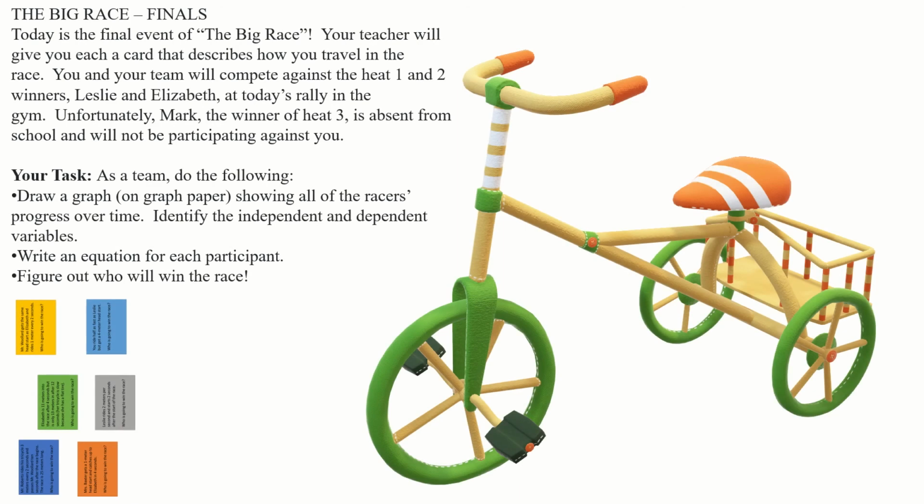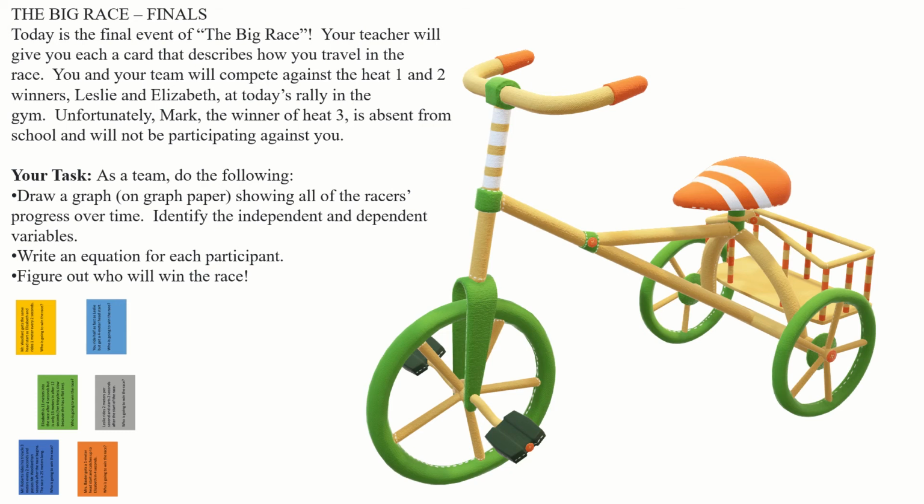There we are. So it's called the Big Race Finals. Today is the final event of the Big Race. Your teacher will give you each a card, and actually I'm going to give you all the cards. You can see them down below here. You and your team will compete against Heat 1 and 2 winners Leslie and Elizabeth at today's rally in the gym. Unfortunately, Mark, the winner of Heat 3, is absent and he will not be participating.